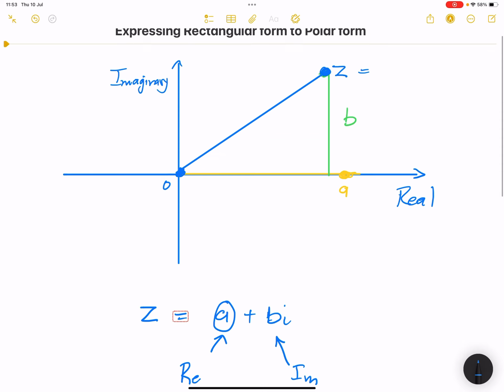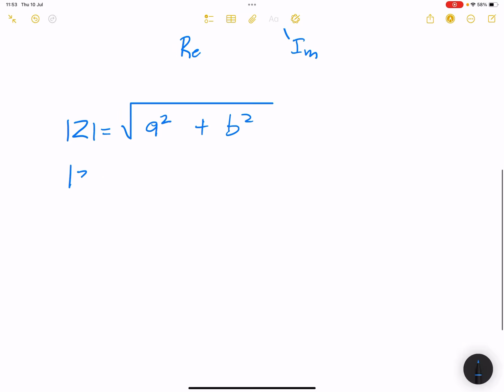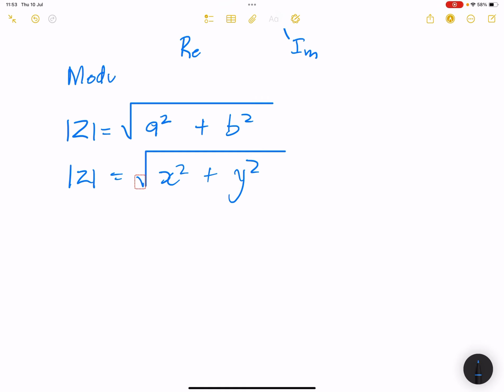Otherwise, you can express these as x-axis, the real axes, and y-axis, so the modulus becomes the square root of x squared plus y squared. We get this from the Pythagorean theorem. So this is how we express the modulus.